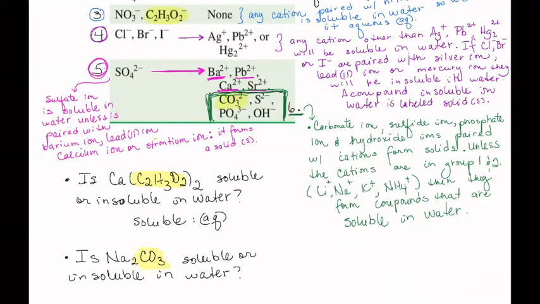Carbonate ion, sulfide, phosphate ion, and hydroxide ion paired with cations form solids unless the cations are from rules 1 and 2. Let's just put rules instead of groups. Which means lithium, sodium, potassium, or ammonium.